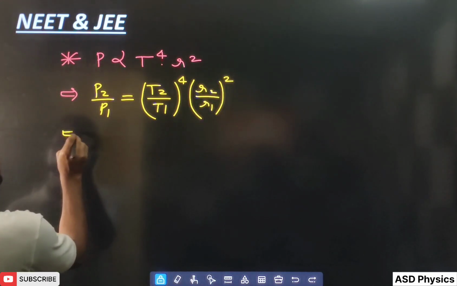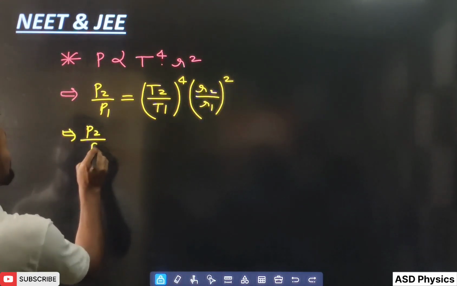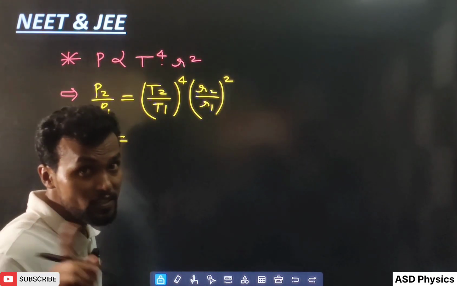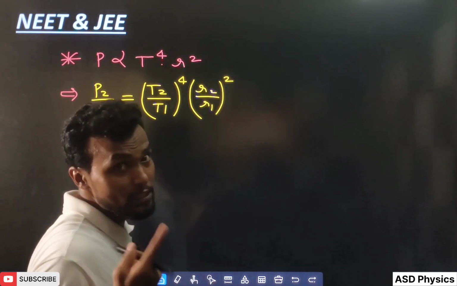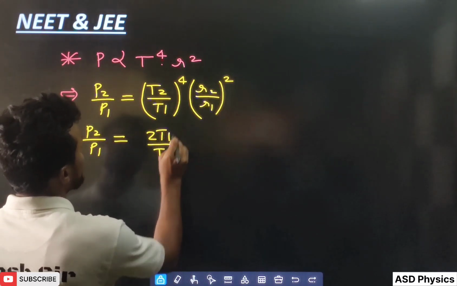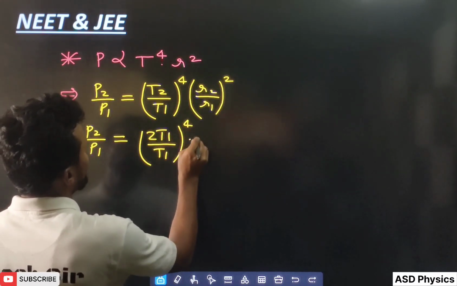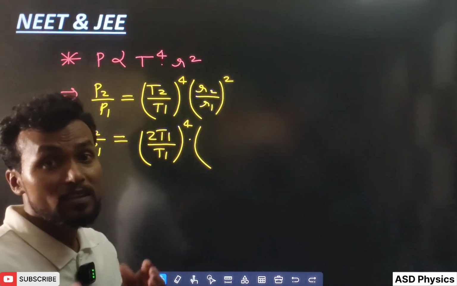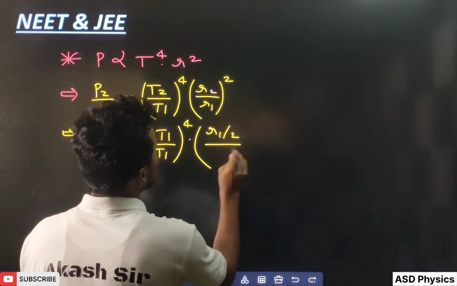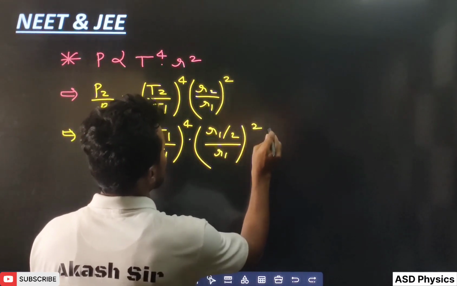Now the temperature is becoming twice, so T2 equal to 2T1. We can write 2T1 by T1 power 4. The radius is becoming half, so R2 means R1 by 2, by R1 square.